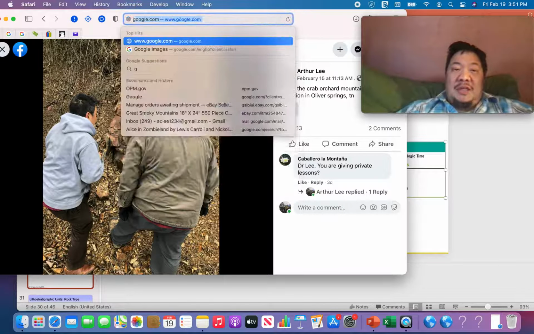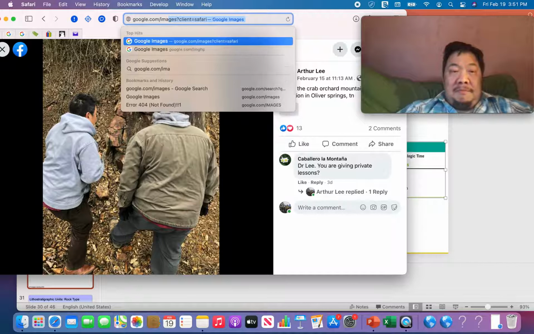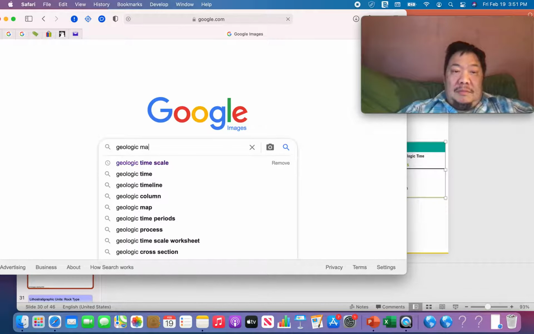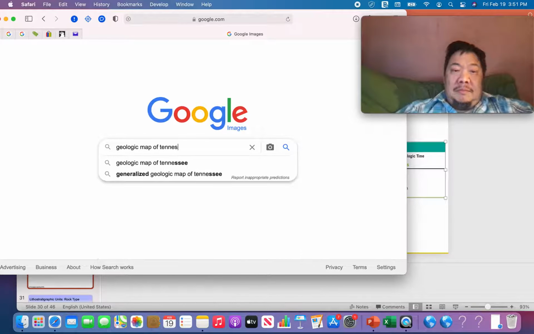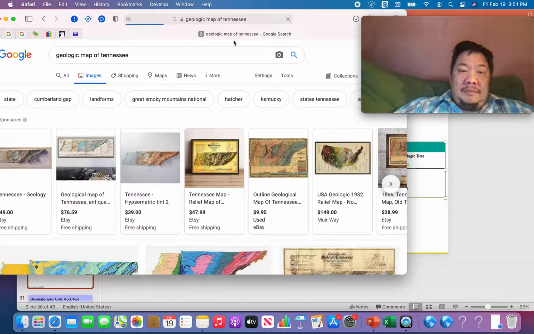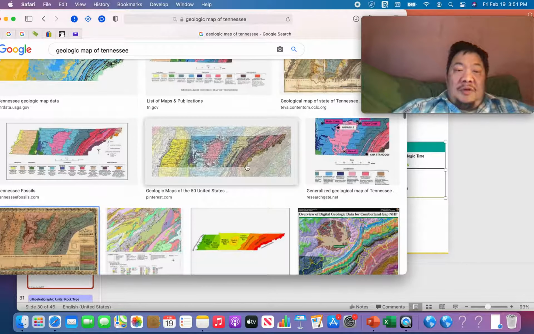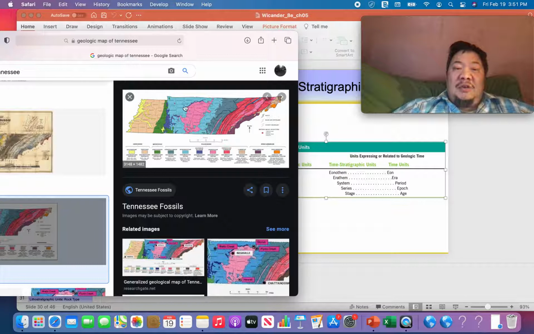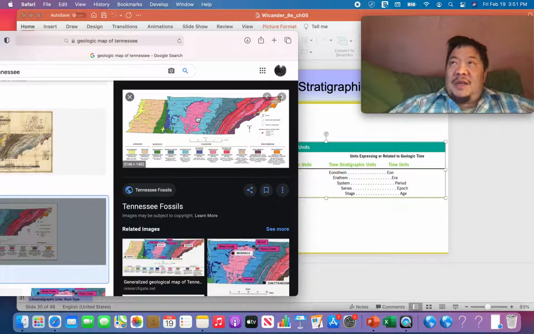Let me show you the Geologic Map of Tennessee, for example. Here's the Geologic Map of Tennessee, and you can see each of these colors is a different formation. And if you were here in central Tennessee near Nashville, then you might wonder, if I'm right here, what kind of rocks would I see?